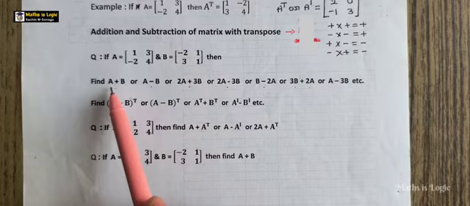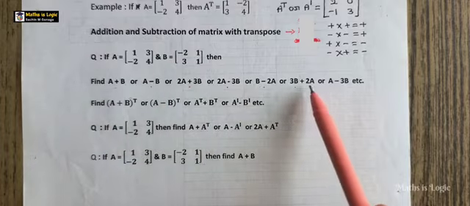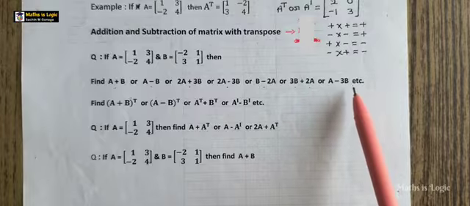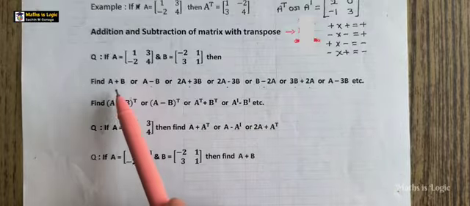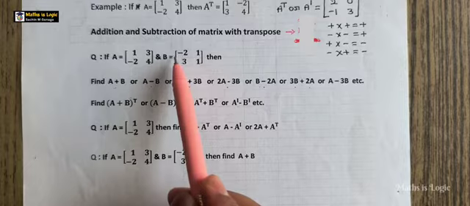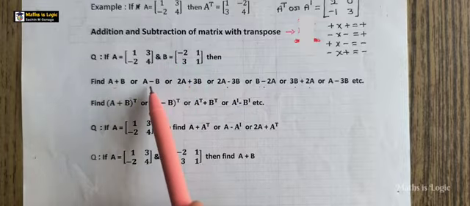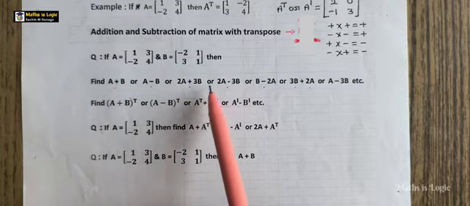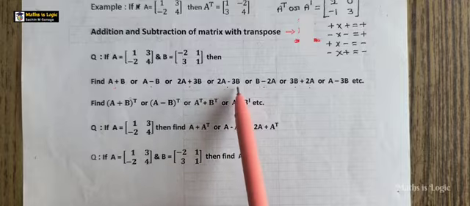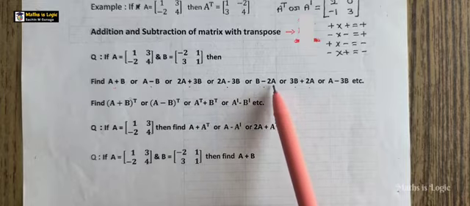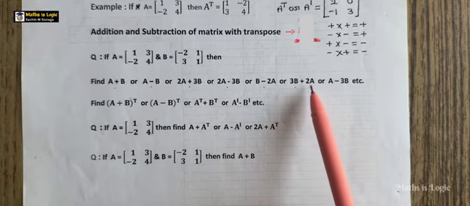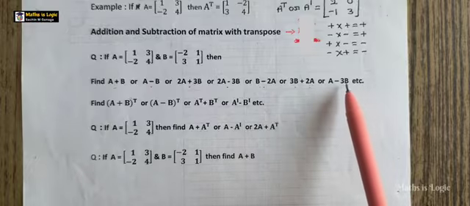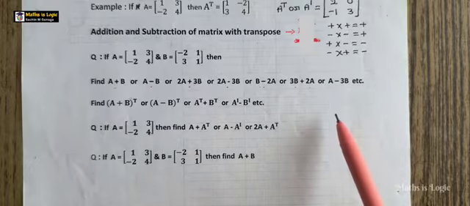Without using transpose, these are the different types of examples they may ask. That is, after giving two matrices, find A plus B or A minus B or 2A plus 3B or 2A minus 3B or B minus 2A or 3B plus 2A or A minus 3B, etc.